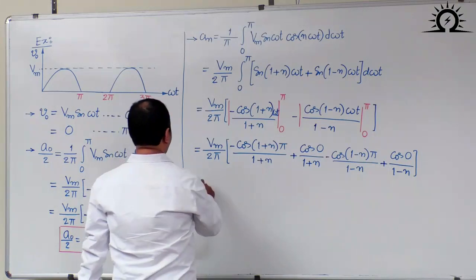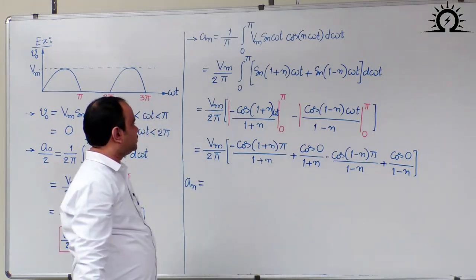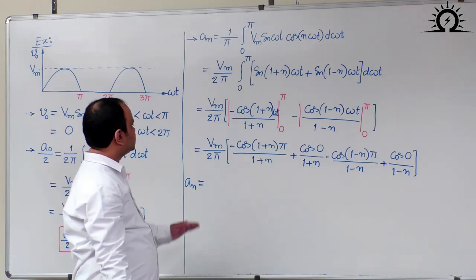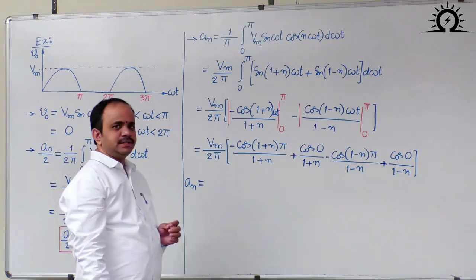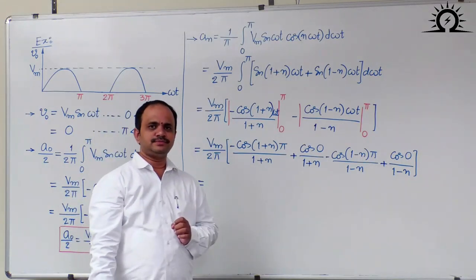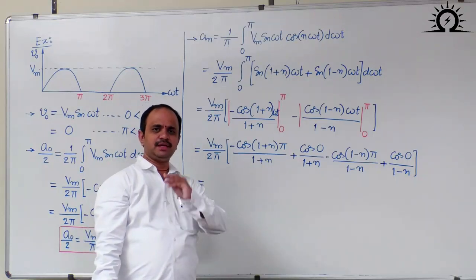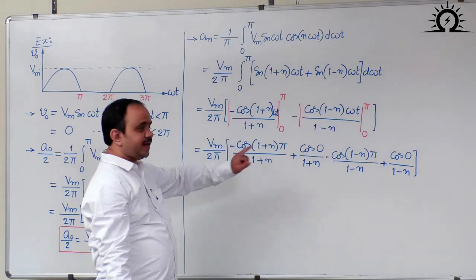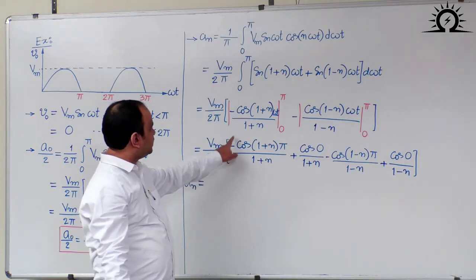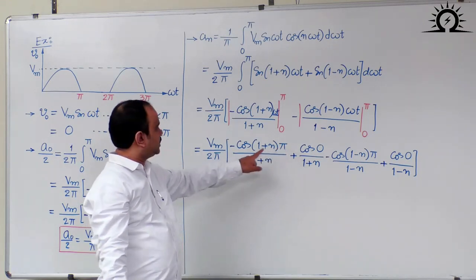Now for example, if we consider n is a odd number. Suppose if n is odd number, 1 plus n and 1 minus n will be even numbers, isn't it? Therefore, if n is odd number, what is the value of the first term? Cos even pi, that is 1.